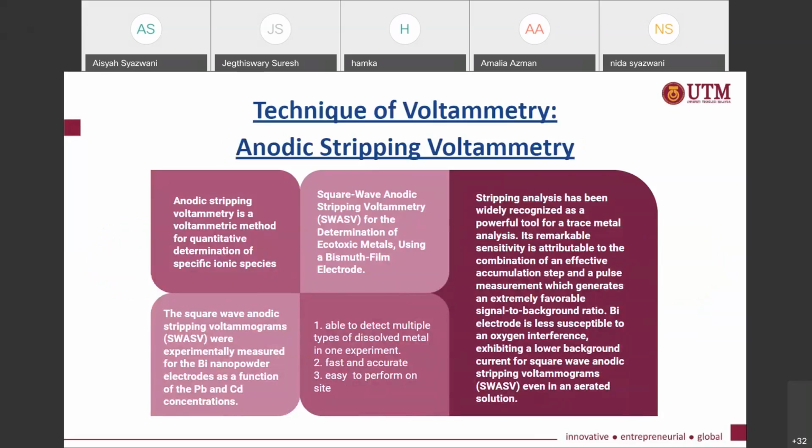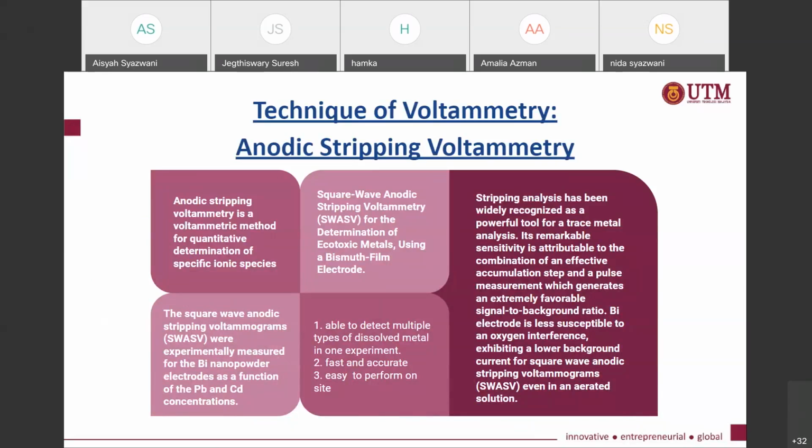The technique of voltammetry that is being used is anodic stripping voltammetry. It is a voltammetric method for quantitative determination of specific ionic species. In this technique, the stripping step can be either linear, staircase, square wave, or pulse. As for this paper, the stripping step is square wave.